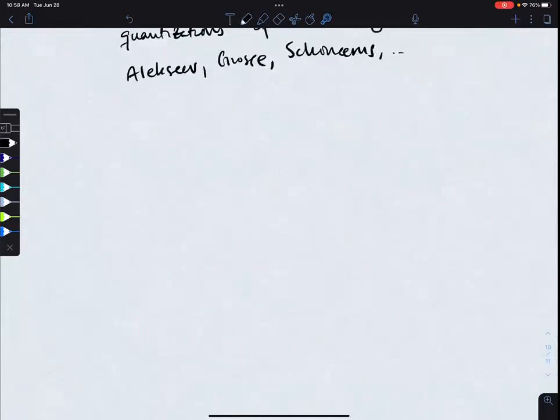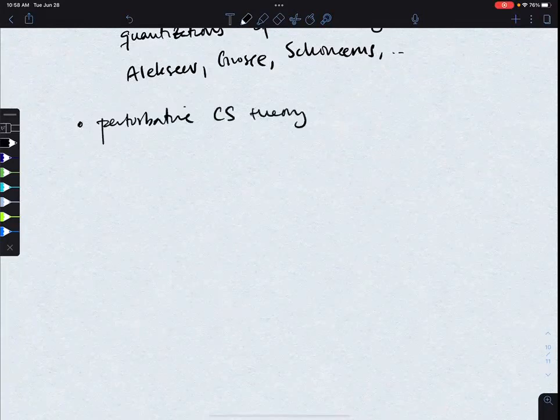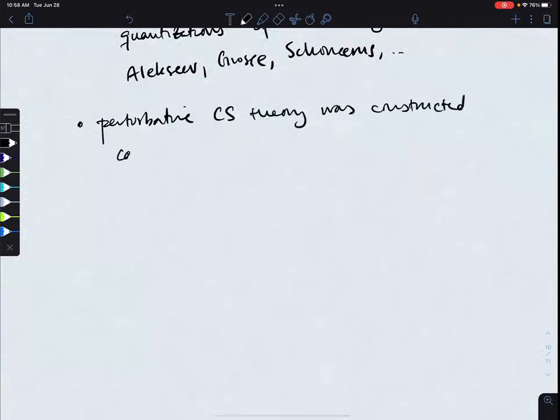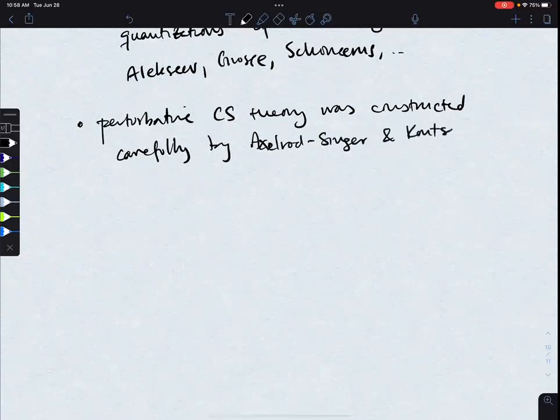And then I should mention that perturbative Chern-Simons theory was constructed carefully, in this BV type of way, by Axelrod and Singer, that's the Singer of the Atiyah-Singer index theorem, and independently by Kontsevich. So this produces, by the theorem with Kevin, by taking observables, some three-dimensional algebra.